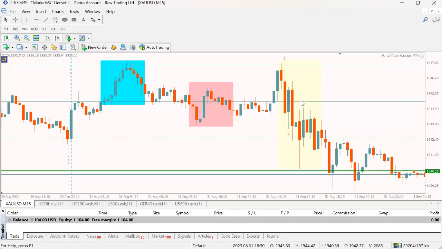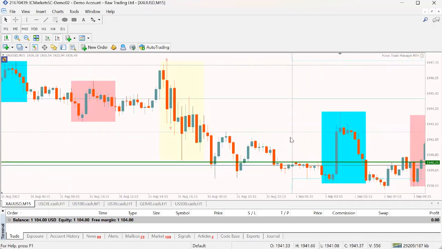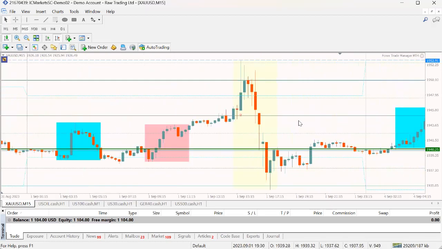If you're looking for the best fill, it would have been at this 50 line. If not, following the rules that I've made up, I'd have actually been looking for an entry up here, but if I missed that, and waited, and it got to the 50, I would have taken the trade there. That's another 50 pips of that news event.